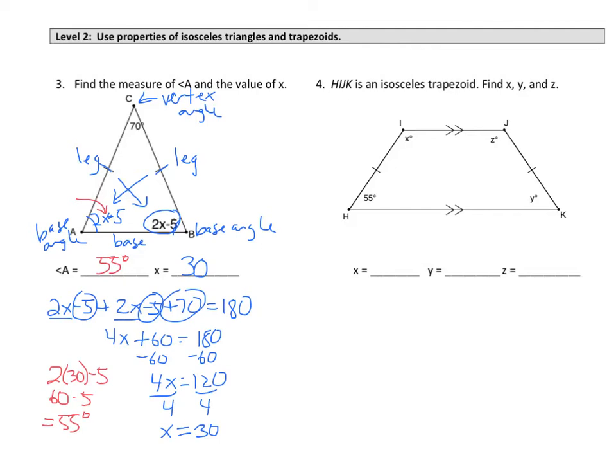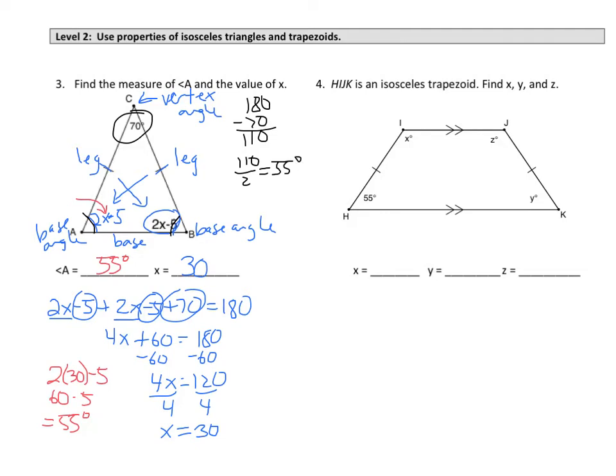Another way we could have gone about this problem is if we know the top angle is 70 and the bottom two angles are the same, I can do 180 minus 70, which is 110. And then, if I have 110 degrees that has to be divided between two congruent angles, now I could just do 110 divided by 2, and each of those angles would be 55 degrees.